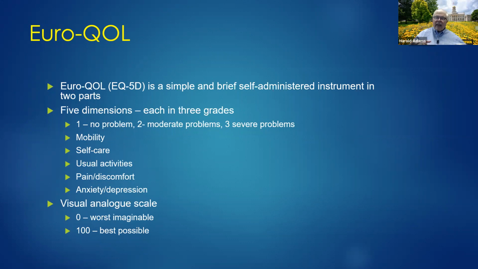In addition, you have a scale that looks like a thermometer from 0, freezing, to 100, boiling, and you ask the patient to put their finger where they think they are. Both these components can be used in a variety of clinical research projects, and I would encourage you to look carefully at the EuroQol. Next slide.